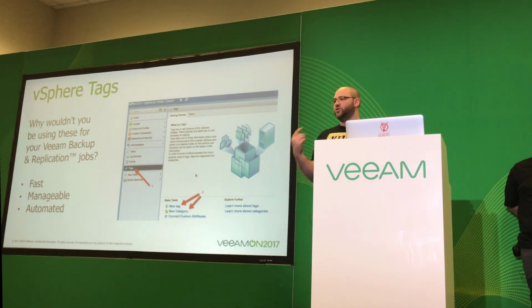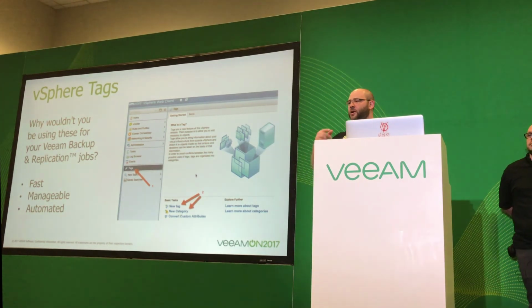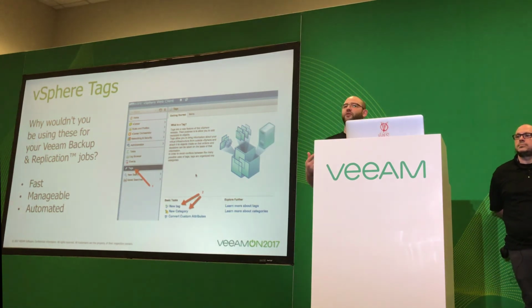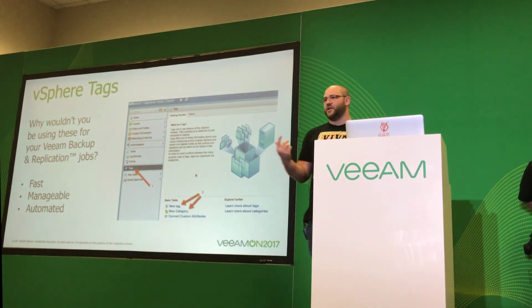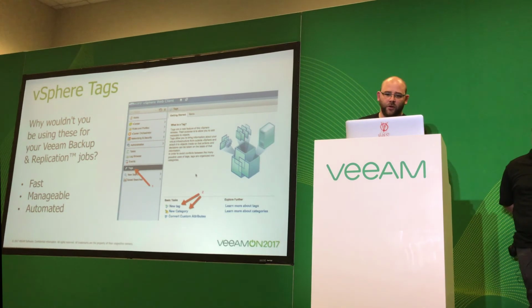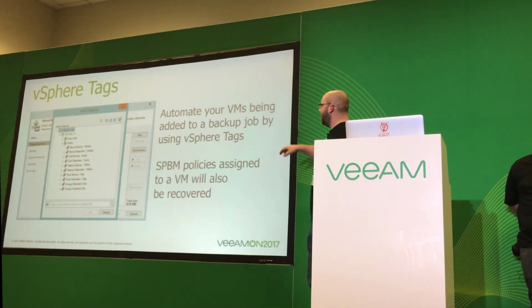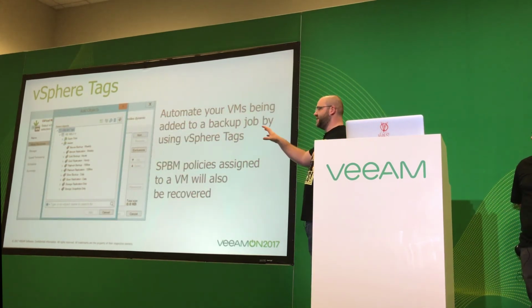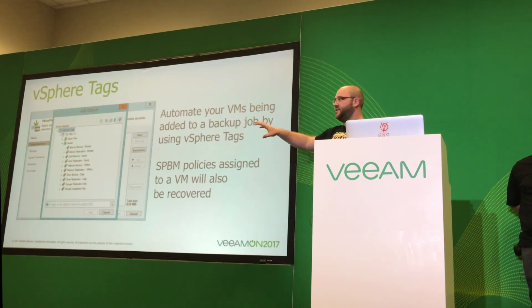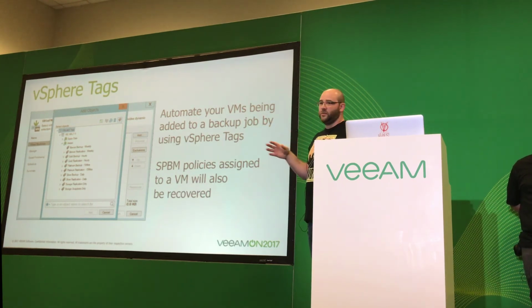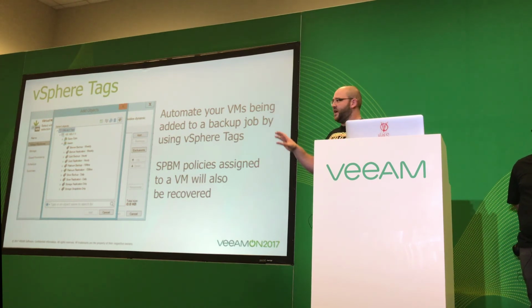So that's the gold, silver, bronze, tin, paper type approach to what frequency of backup you require. I'll just show you here, it's really easy to create these vSphere tags in a VMware environment. There are actually PowerShell scripts out there that I can share as part of the PowerPoint.